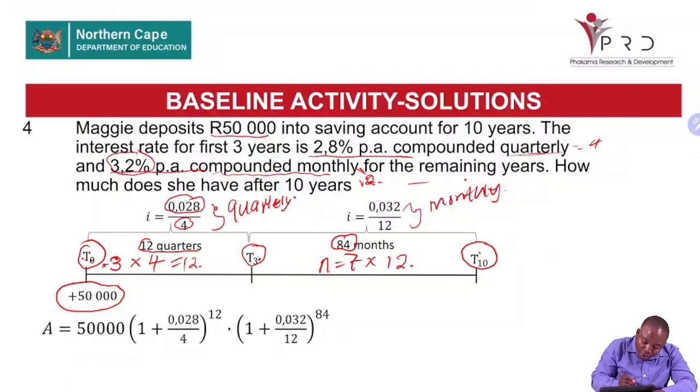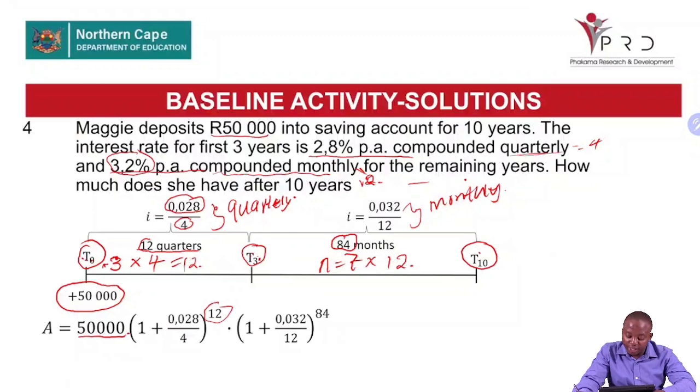Now our present value that we put in was 50,000. So we'll have 50,000, open bracket, 1 plus our i there as 0,028 over 4, close bracket, all raised to the power 12. The power 12 there is our quarters that we found, multiplied by the new interest rate for the remaining period.